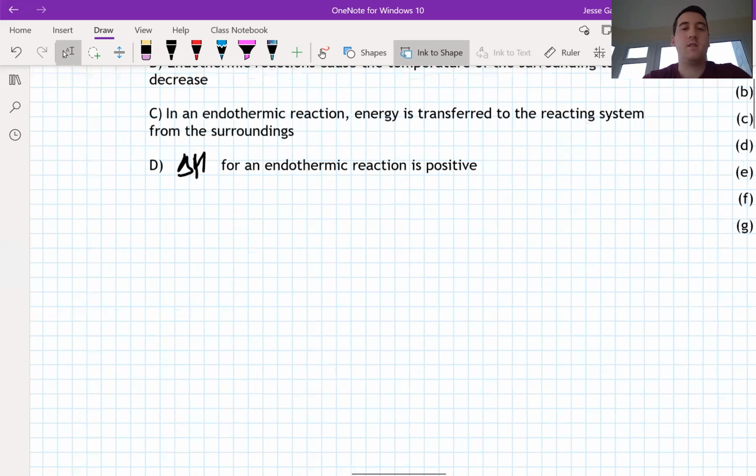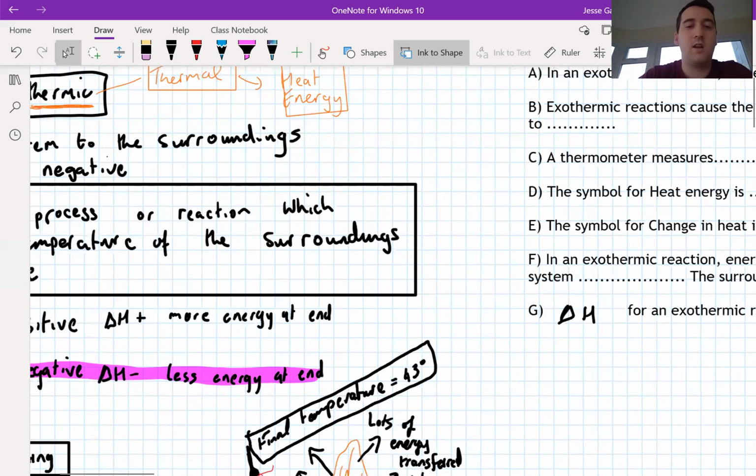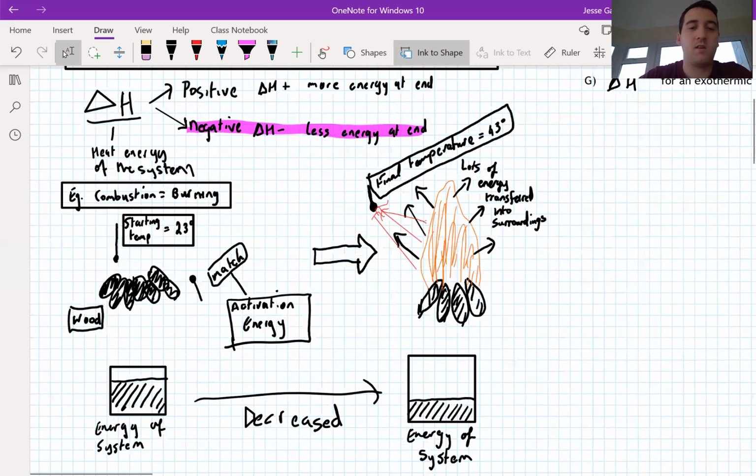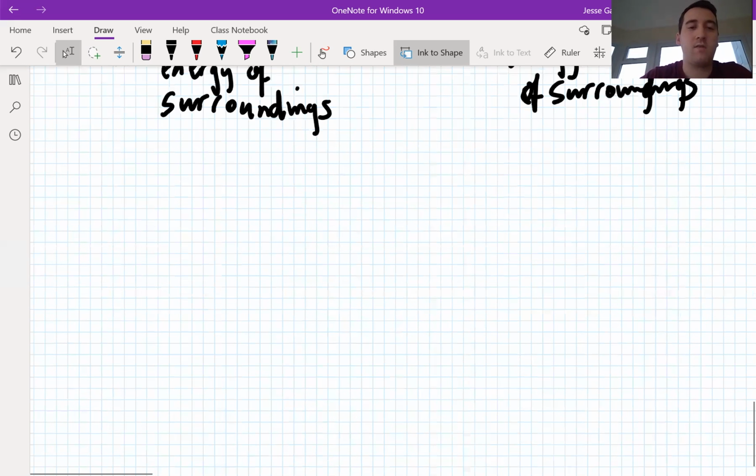Okay, all right. Just another little bit of new stuff now. What we're going to do is make a quick table of examples of exo and endothermic reactions.